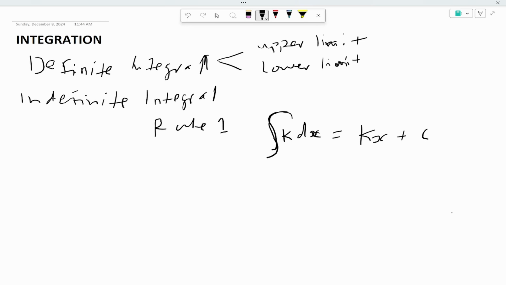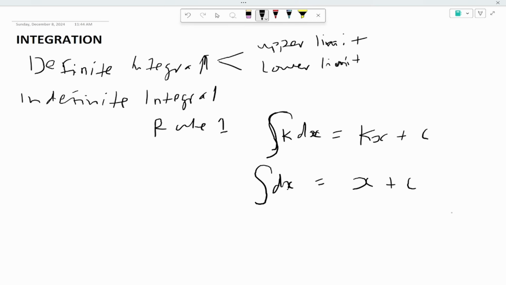So if, for instance, there is no constant, like maybe you're just given dx, it means that this function is a derivative. Now, since there is no x, what happens is there will be an introduction of x and a constant.